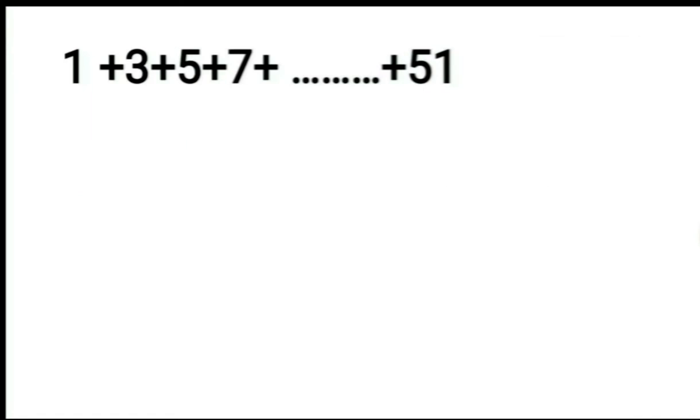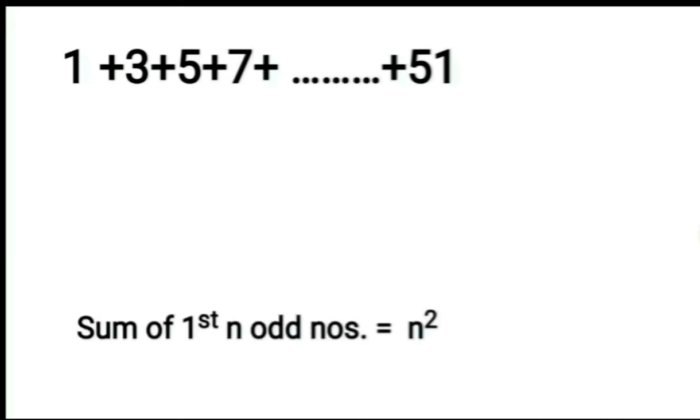Now let's find the sum of n consecutive odd numbers where 2n minus 1 is equal to 51. We know the sum of first n odd numbers is given by n square. Here 2n minus 1 is equal to 51.